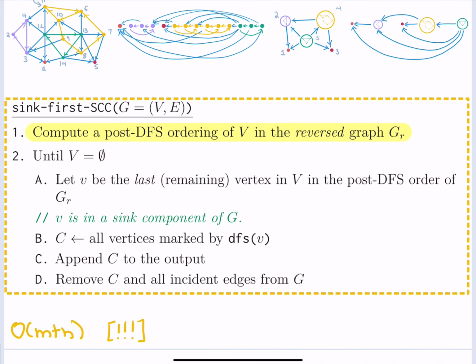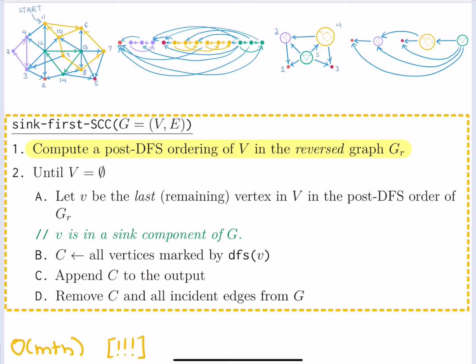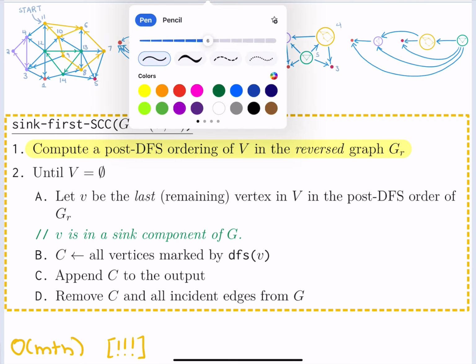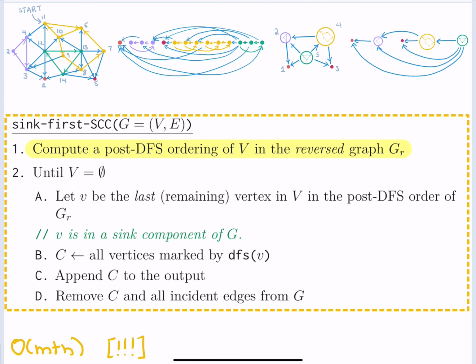So here then is the ultimate algorithm, right? There's one final trick. In the first step, we just compute the post DFS order once in the reverse graph, G sub R, and now to keep getting vertices from the sink component, I keep getting the last remaining vertex from that post-DFS ordering we computed in step 1.